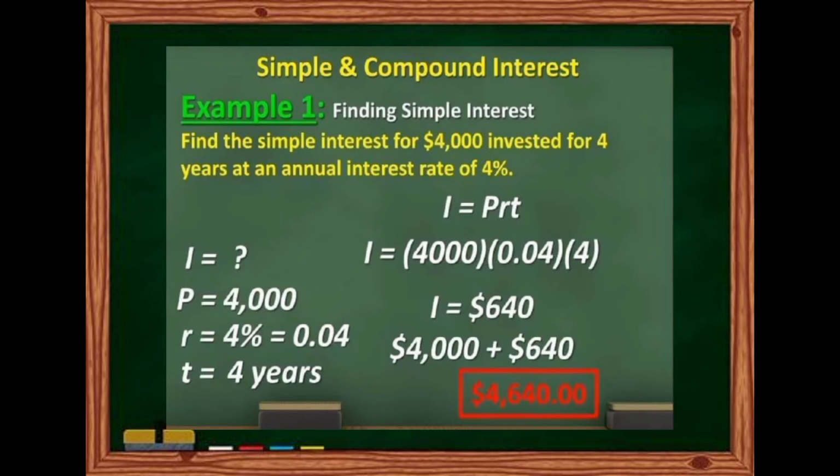The formula is I equals PRT. I equals 4,000 multiplied by 0.04 times 4. I is equal to $640.